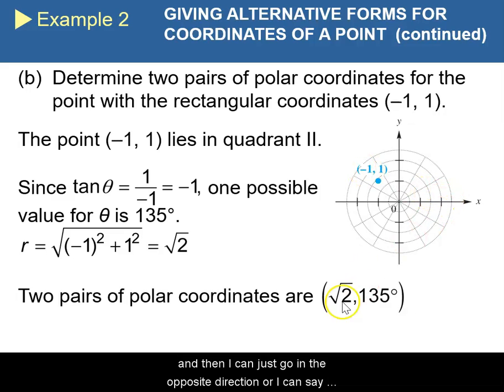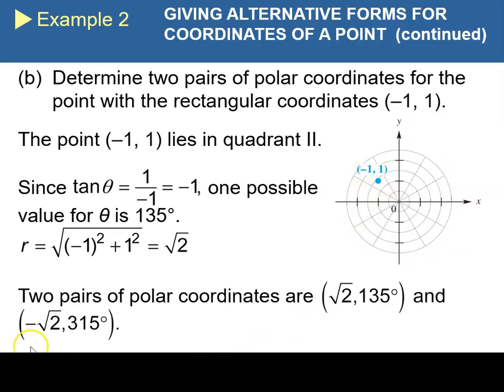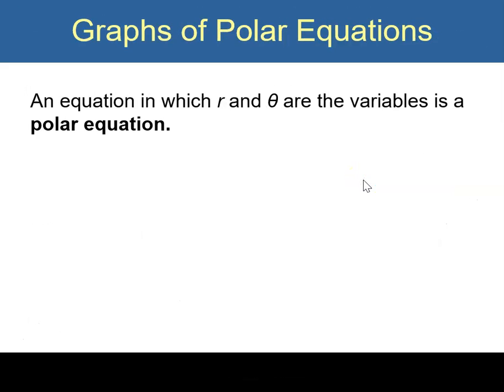Or I can say 315 degrees and then negative root 2. That's another way of doing it. Or I can say root 2 and 135 plus the 360, right? There's several ways to do this. So again, I can say 315 and then go negative root 2. Okay, so I gave you 4, and they're all fairly straightforward, right?